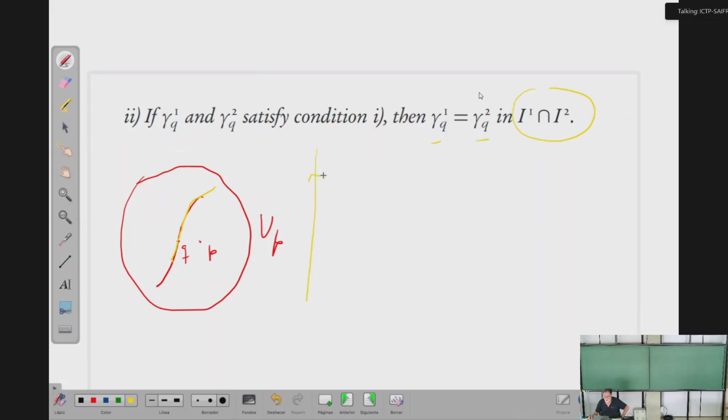So from here to here, they are the same. So we have uniqueness, that's why we needed the C1 or Lipschitz. The way we express uniqueness is like that.